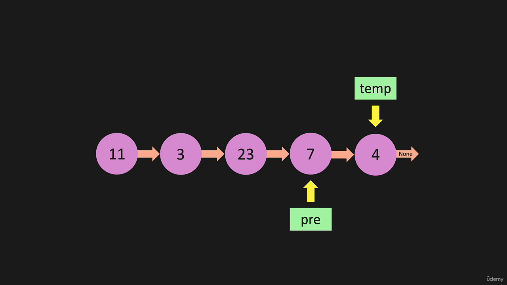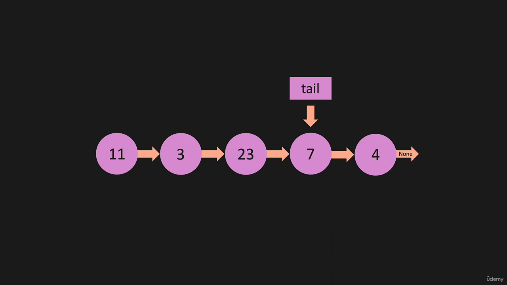So we're going to need that temp variable to return that node that we're popping off the end. But for right now, I'm going to remove temp, and we'll work with the pre variable first. The only thing the pre variable is for is we're going to set tail equal to pre. And that's the only thing we're going to use it for. That's going to move tail back.